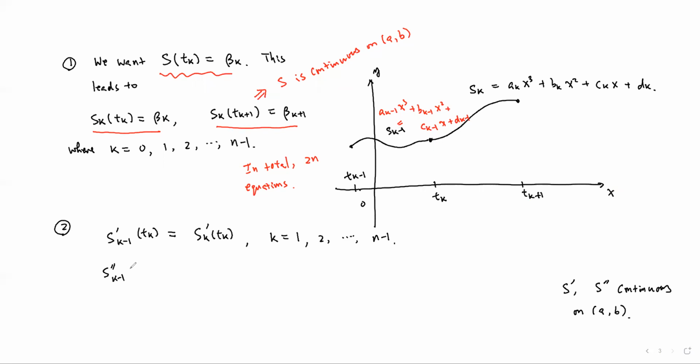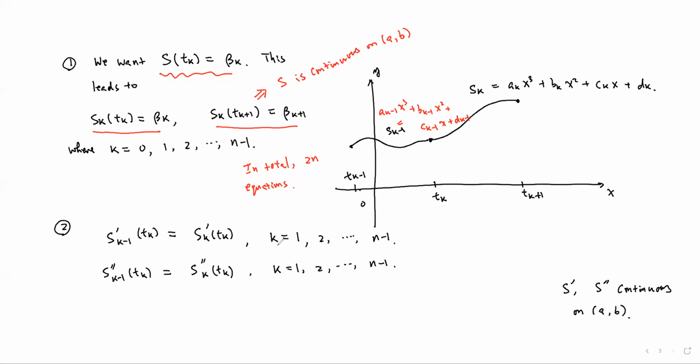Then at t_k, it should equal the second derivative of S_k evaluated at t_k, because of continuity. So these two equations guarantee this function S is continuous, and this equation guarantees the derivative is continuous.